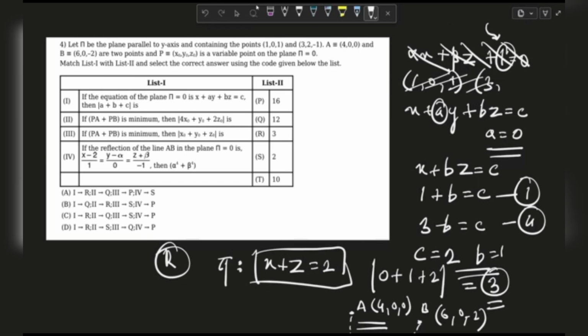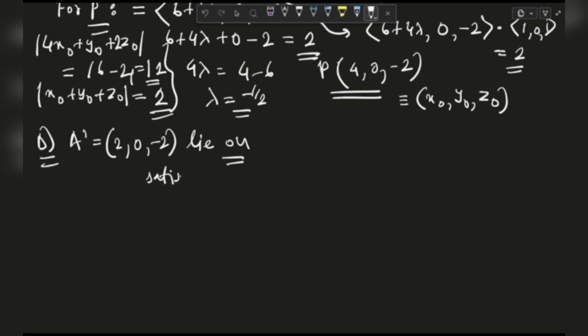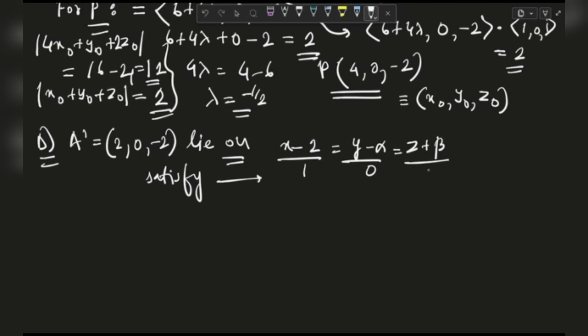So let's do that quickly. Just as a reminder, A dash was (2, 0, minus 2). So A dash will satisfy this, and the equation becomes (x minus 2) by 1 equals (y minus alpha) by 0 equals (z plus beta) by 1.